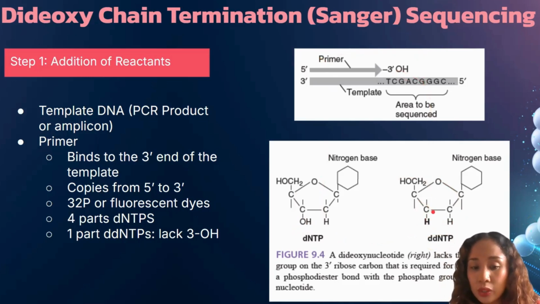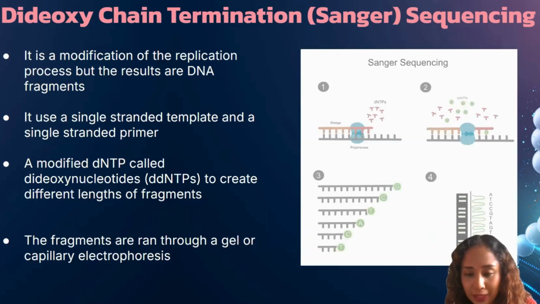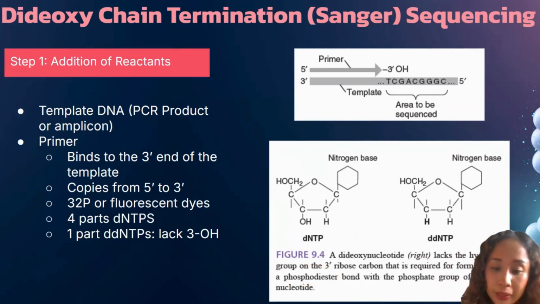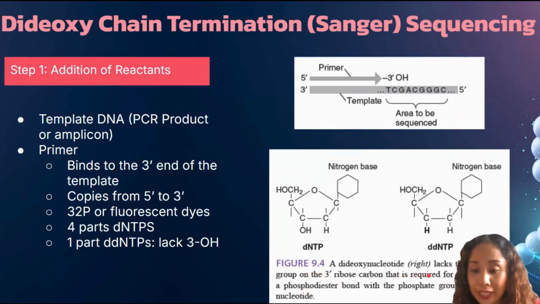It lacks the hydroxyl group on the 3' ribose carbon that is required for formation of a phosphodiester bond, so that another phosphate group, another nucleotide, could attach to it.